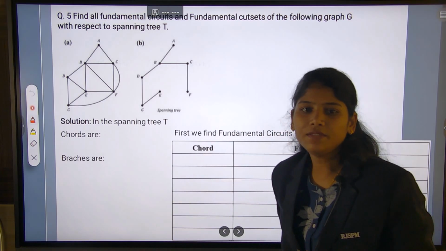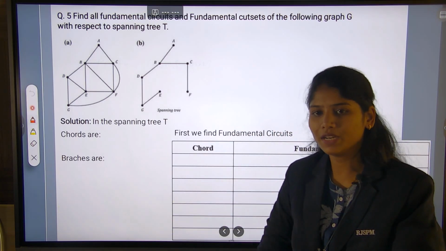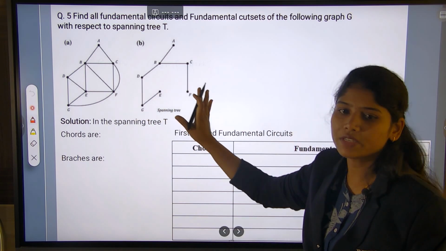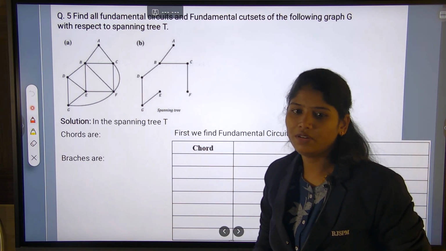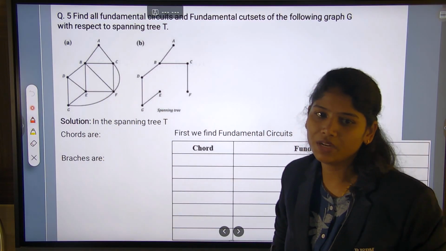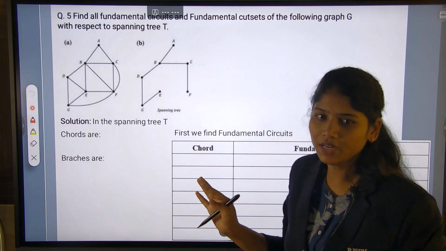Next example is here. Find all fundamental circuits and fundamental cut sets of the following graph. The graph is given and its spanning tree is also given, but here we can see that the edge names are not given. Therefore, we first need to write down the edge names of that graph.